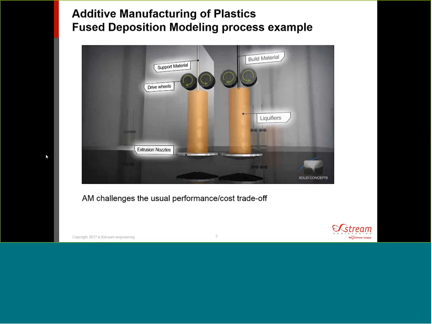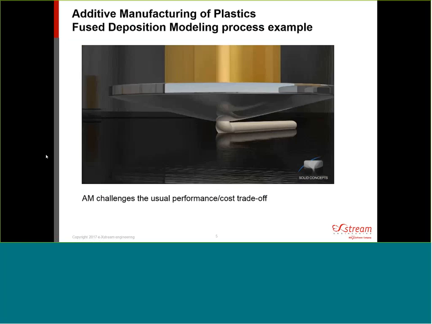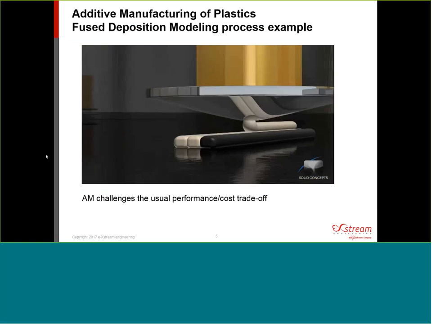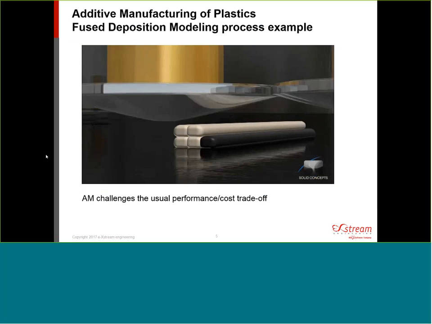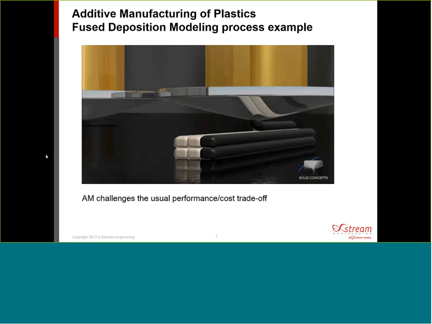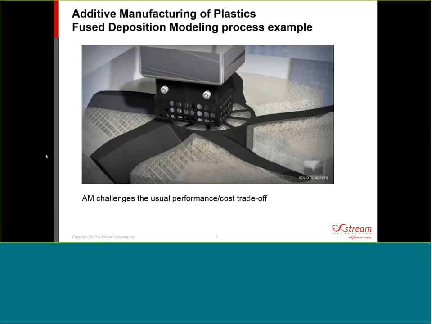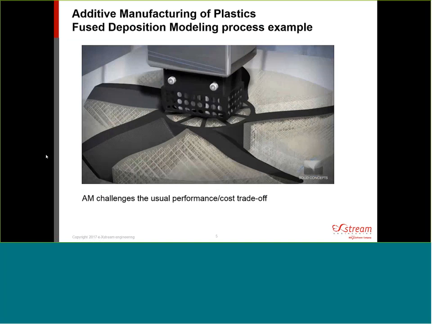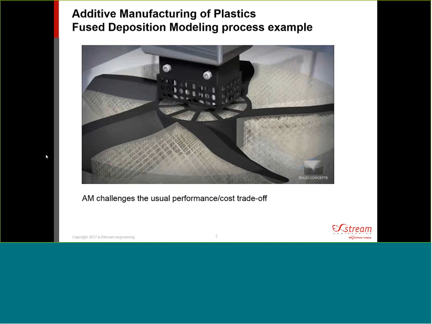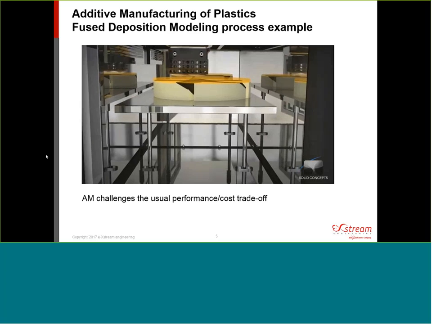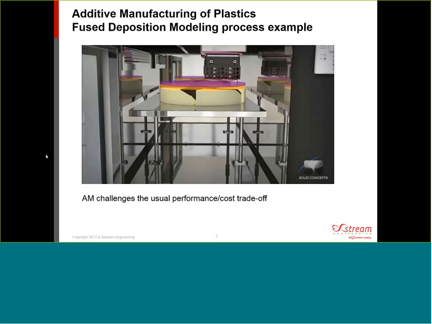And adding this material layer by layer is a very nice way to achieve very challenging designs, but it's also introducing some more complexity in the manufacturing process, as we will see later on. But of course, the big challenge is to be able to handle those layer by layer deposition issues, and we will see how simulation can help to do so.